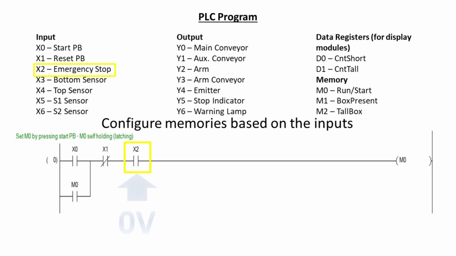This means that if the X2 pin reads 0 volts, it operates like a normally open contact. However, in this scenario, the X2 pin receives 24 volts as the emergency switch hasn't been activated yet. This implies that this contact remains closed until the emergency switch is activated.